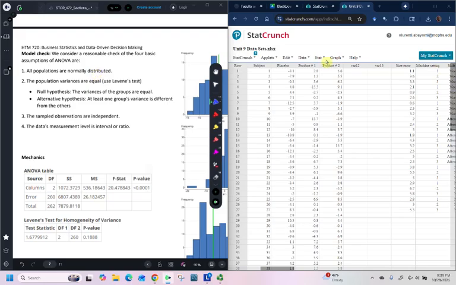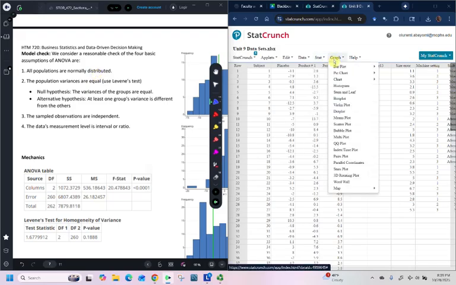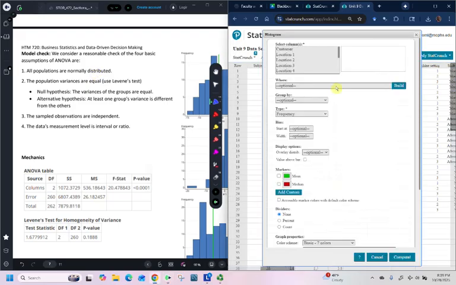To do that, you can go to graph and plot a histogram of the values collected on each of the individuals in the three groups. So you have placebo, and we have product 1 and product 2.